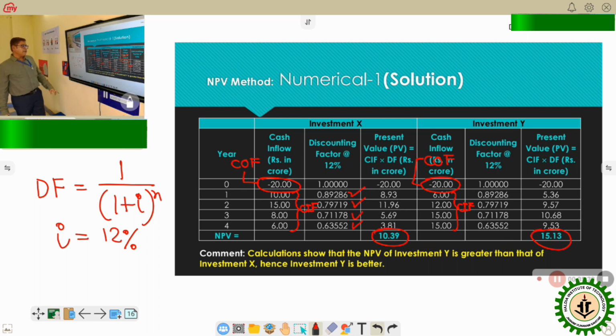Now as we see, both the NPVs are positive.